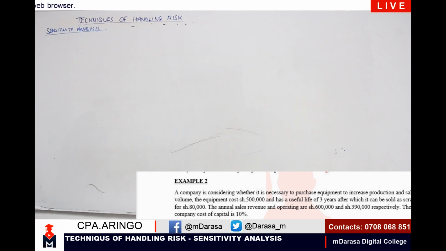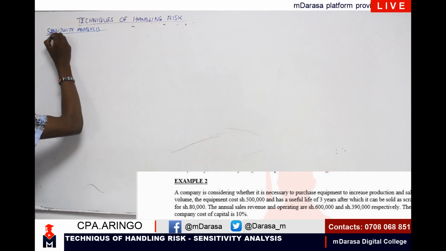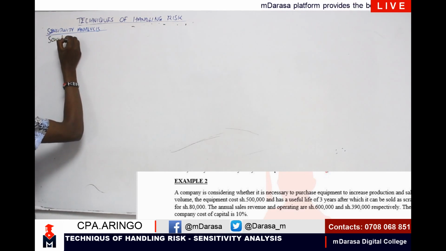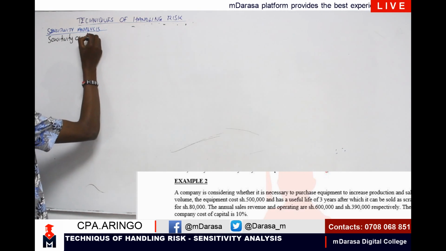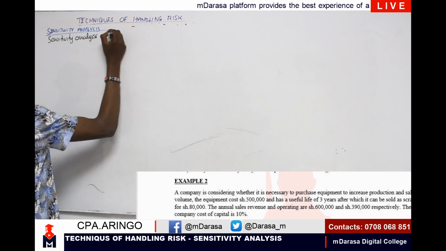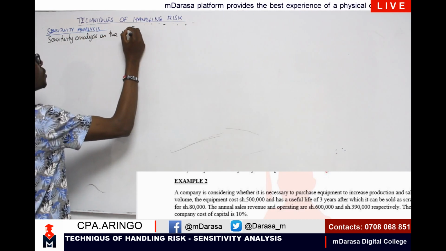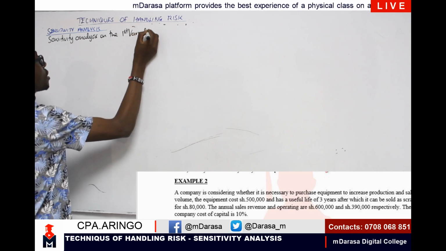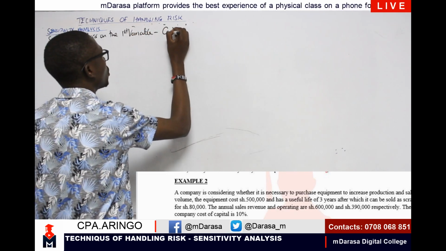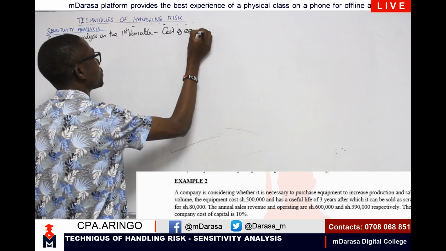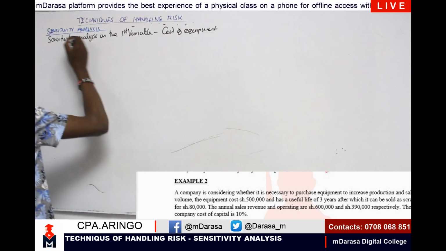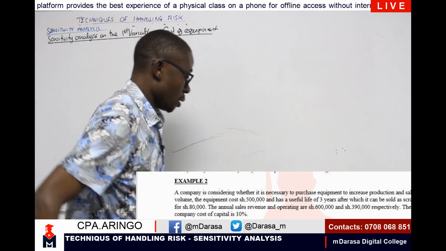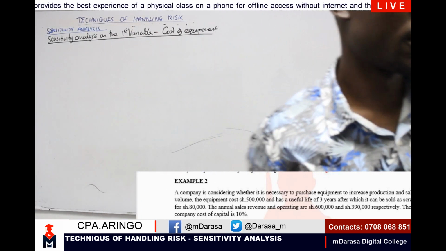So we need to conduct sensitivity analysis of the first variable, which is the cost of equipment. Sensitivity analysis on the first variable, which in this case the examiner has given us: cost of equipment. That is what you are given.